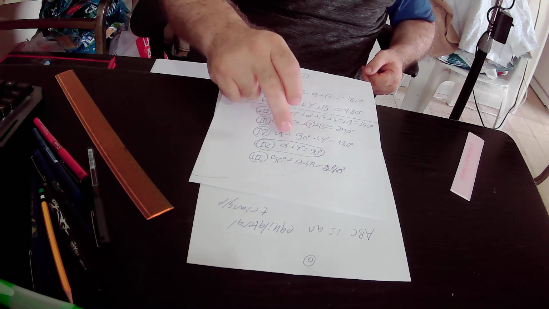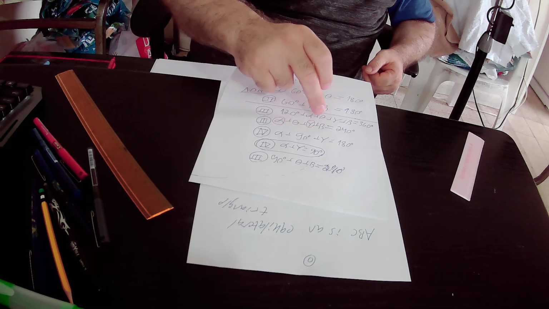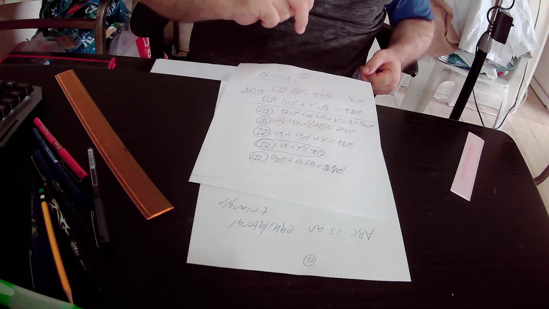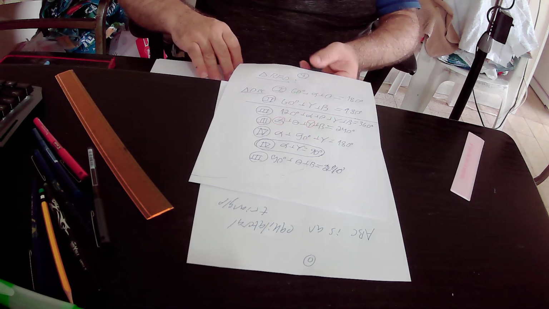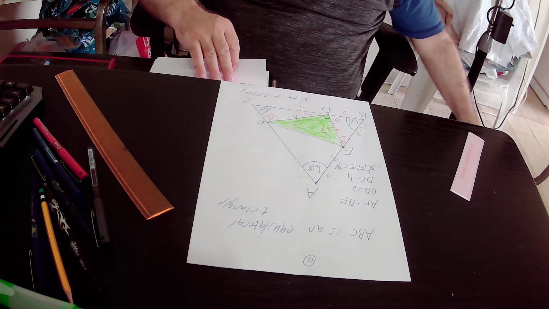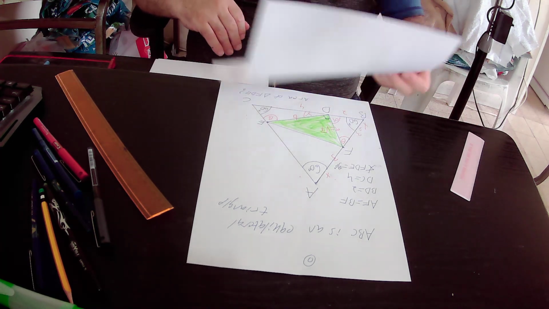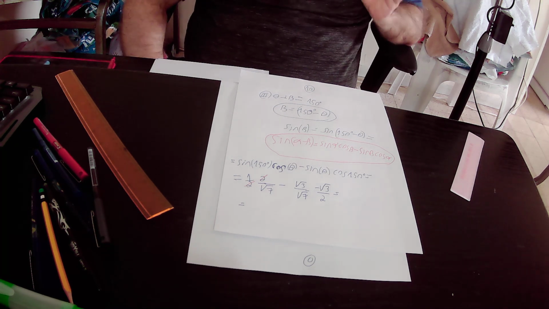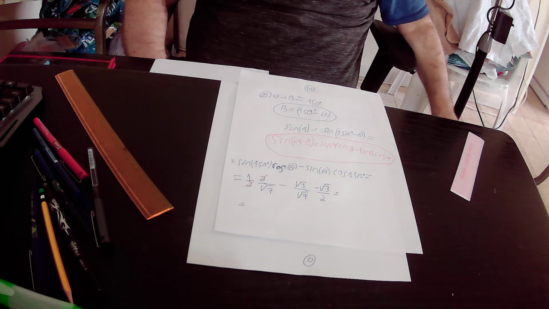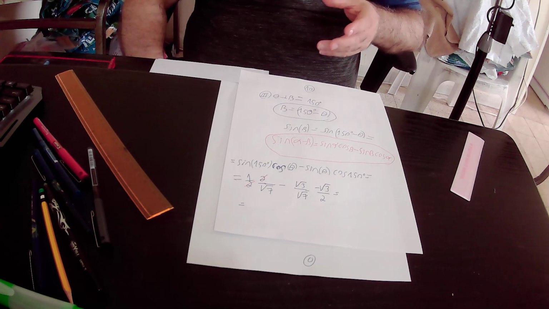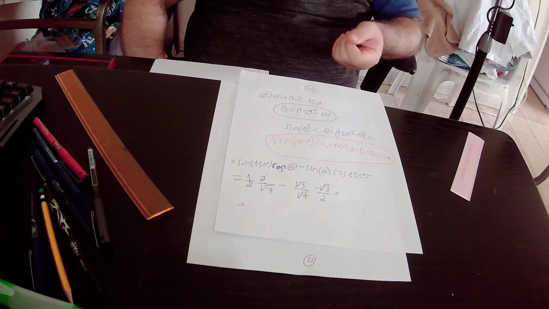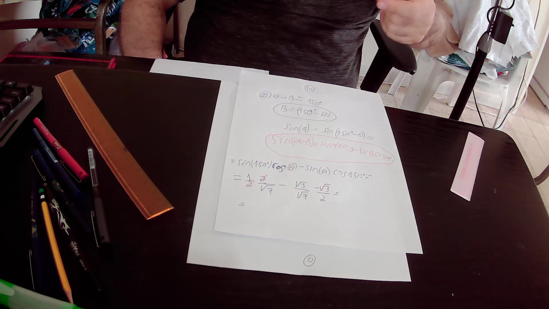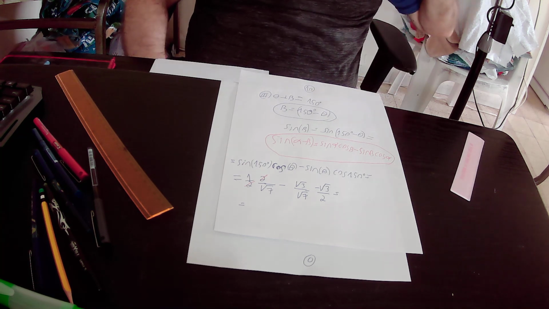Then we substituted alpha plus gamma in the third equation by 90 degrees, and we got the equality that states that beta equals 150 degrees minus theta. If beta equals 150 degrees minus theta, then sin beta equals sin of 150 degrees minus theta.